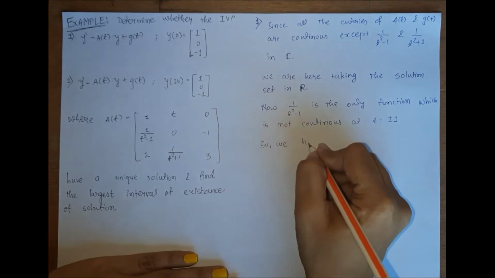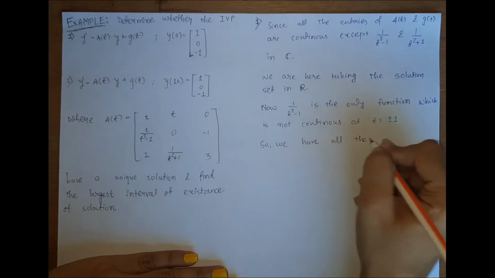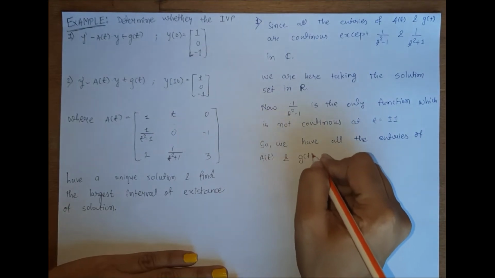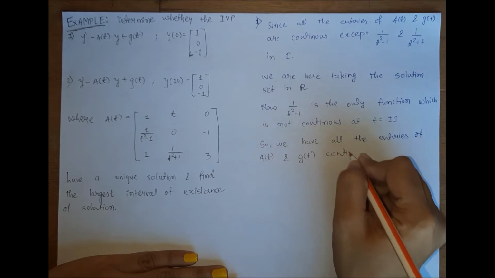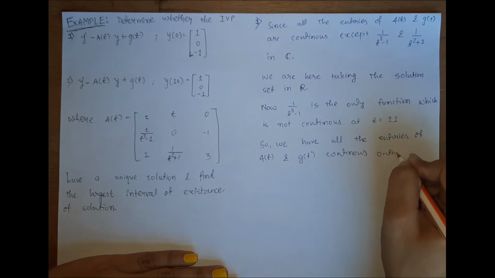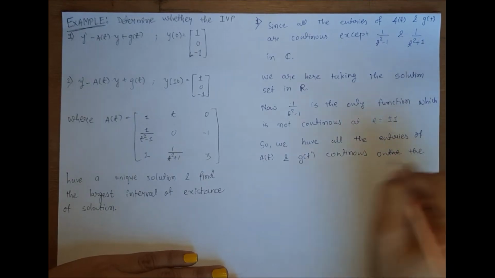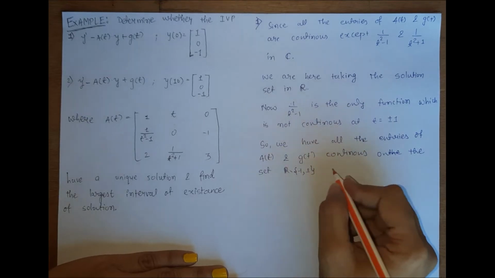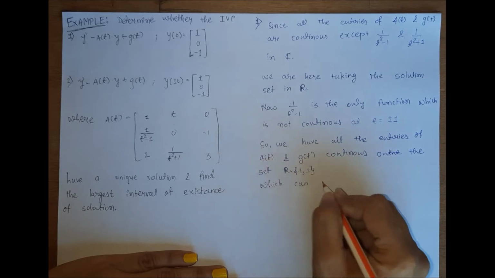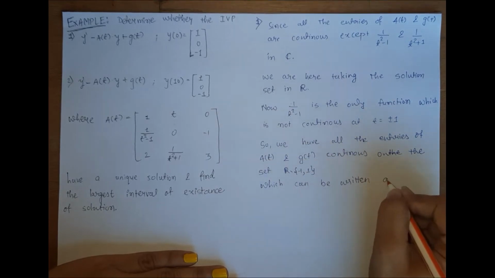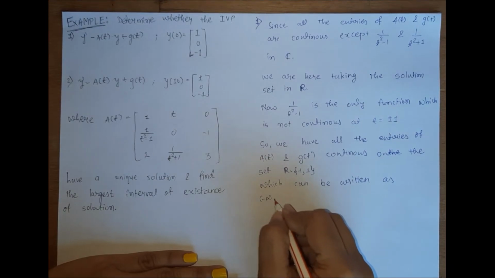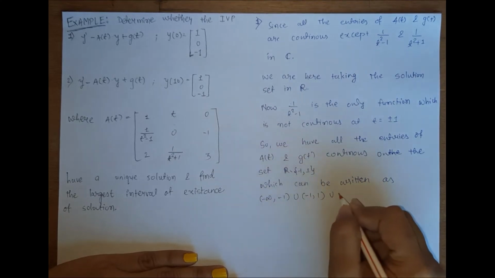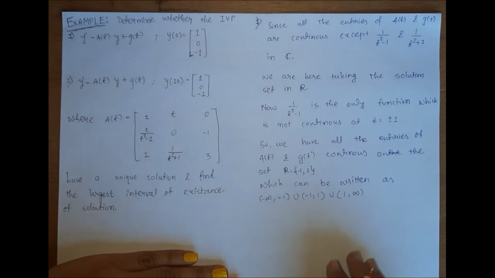So we have all the entries of A(t) and g(t) continuous on the set R minus {-1, 1}, which can be written as the open interval from minus infinity to minus 1, union the open interval from minus 1 to plus 1, union the open interval from 1 to plus infinity.